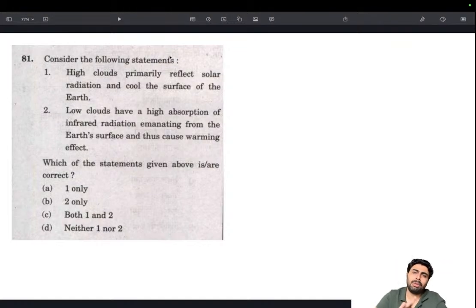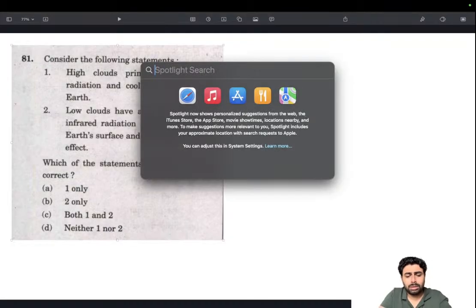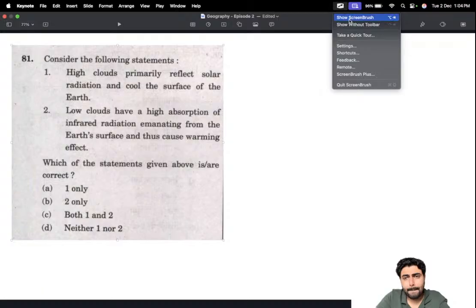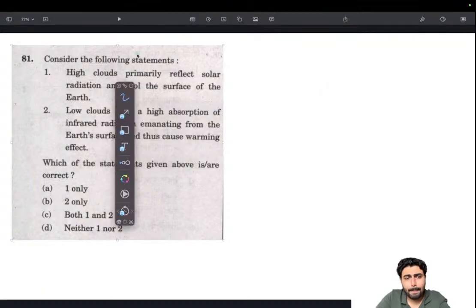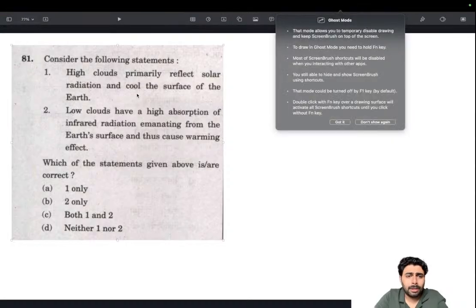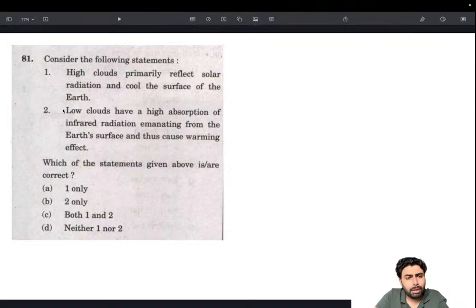So first of all we'll go through the question. The question is about high clouds and what function they perform. What do the high clouds do basically?